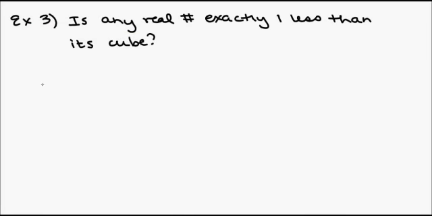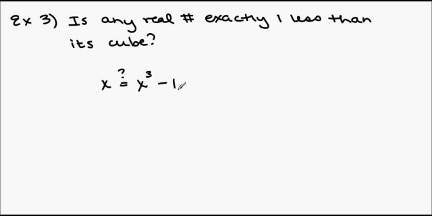Example 3. Is any real number exactly one less than its cube? So we're going to use the intermediate value theorem for this example. So if there's a real number, we're going to call it x, we want to know, will this ever equal its cube, x cubed, minus 1?